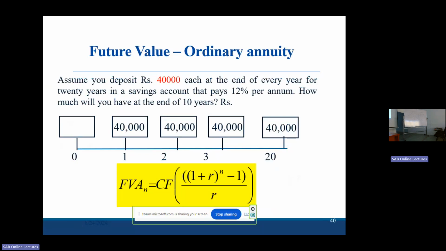So how much will you have at the end of 10 years?